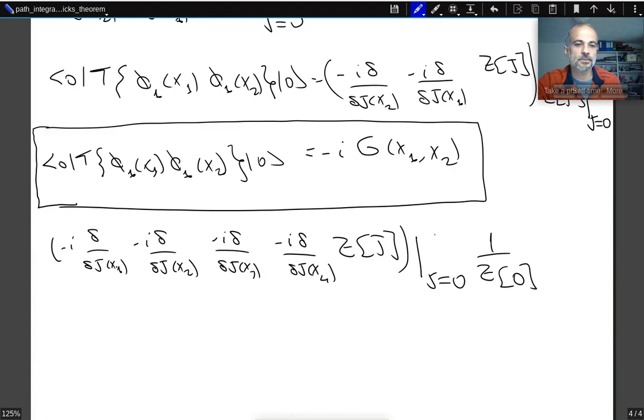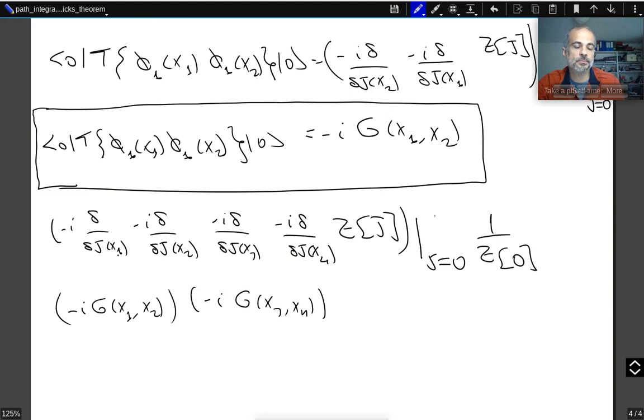So it's possible that x1 brings down the exponent in front of Z of J, and then x2 just eliminates the other J that remains in that prefactor, and we have this factor. Such a contribution will contain minus i G of x1 and x2, and similarly for x3 and x4, one brings down a factor from the exponent, the other one eliminates the other J, so we end up having G of x3, x4.